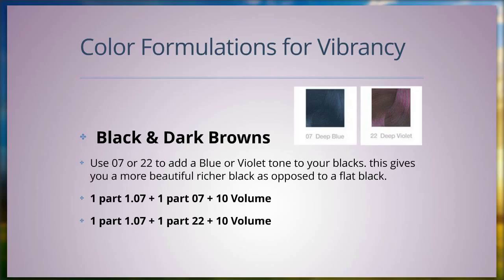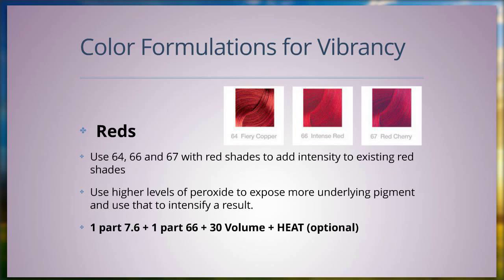When we use one part of 1.07 and add a part of 0.07, we're making that black a little bit more blue. We can also add violet to it, and it'll make it a little bit more violet. In our reds, this is amplifying.